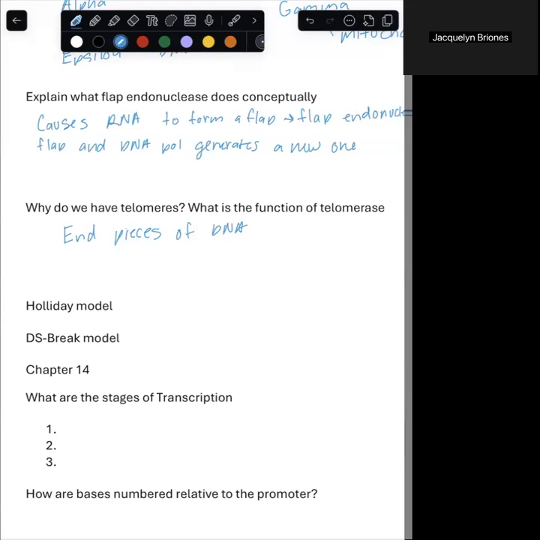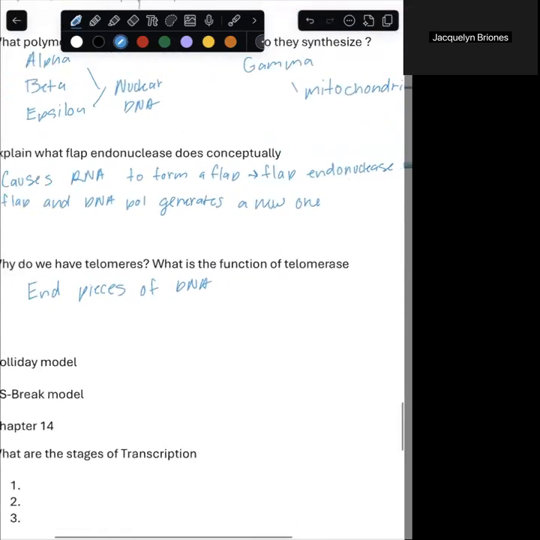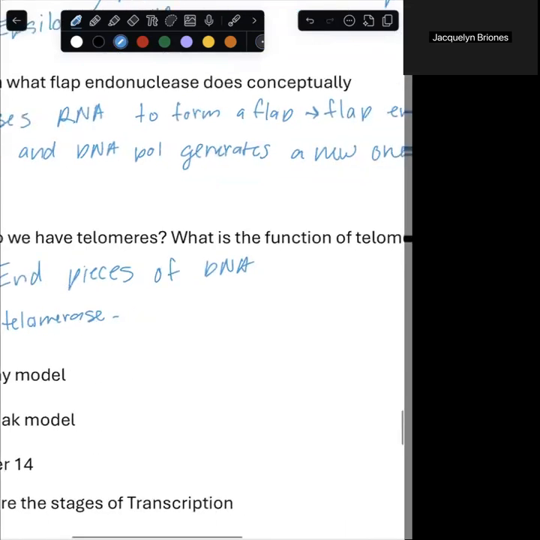So it's the end pieces of DNA, and then the enzyme, telomerase, maintains the length.